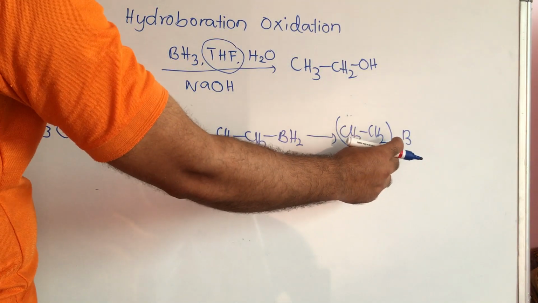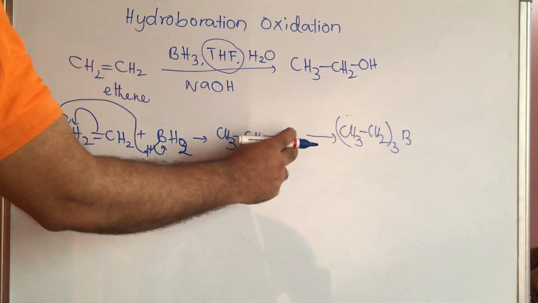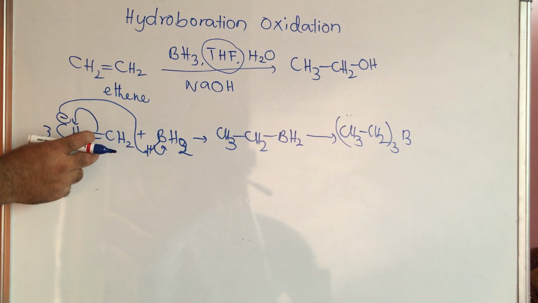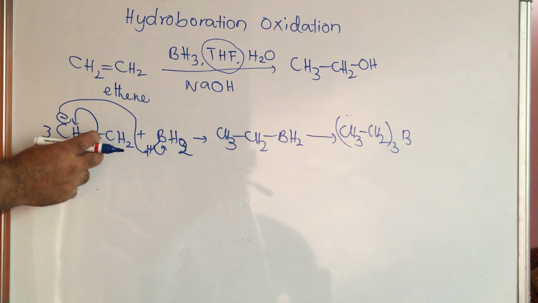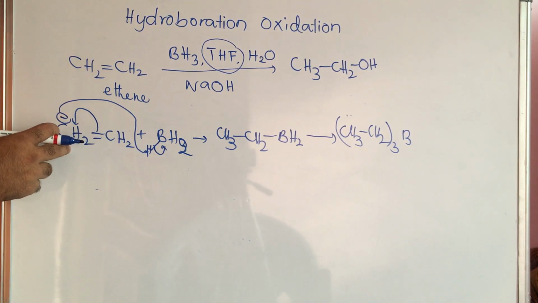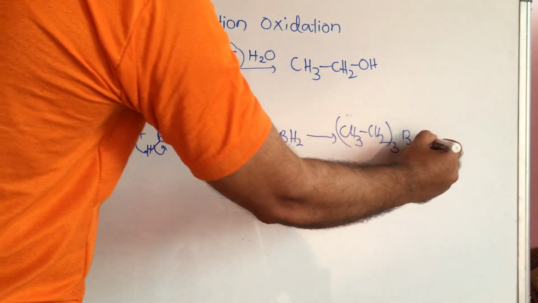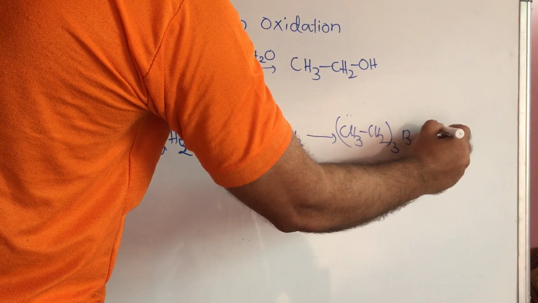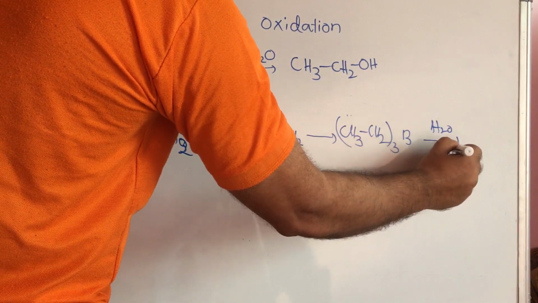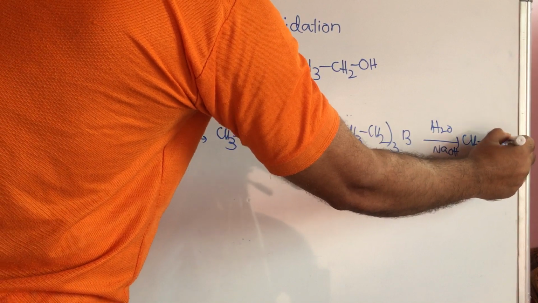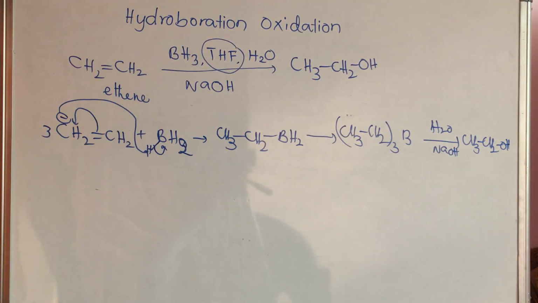This is bonded 3 times with the boron, because in total there are 3 hydrogens at the boron. So like this we have to take 3 ethene molecules, then 3 hydrogens will be added to this ethene. After this, reaction with water and NaOH, we will get CH3CH2OH. This is just a normal mechanism.